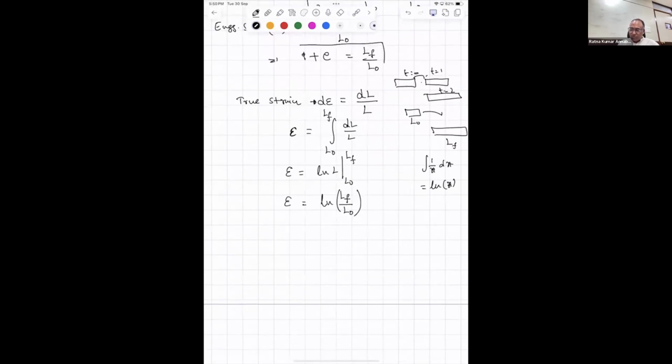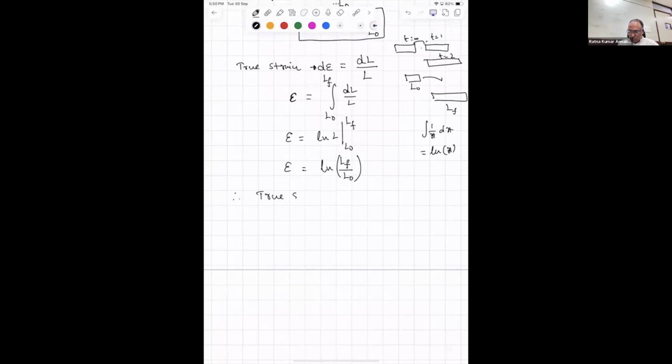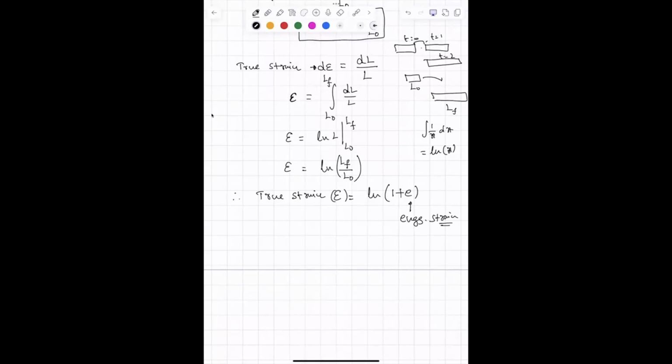Now we have just now seen LF by L0 is equal to 1 plus E. Therefore, true strain epsilon is equal to natural log of 1 plus E, right? This is engineering strain. Is that clear? Yes, sir. Any more questions on this?